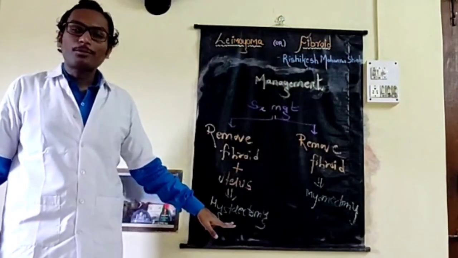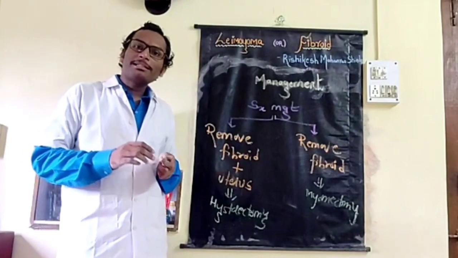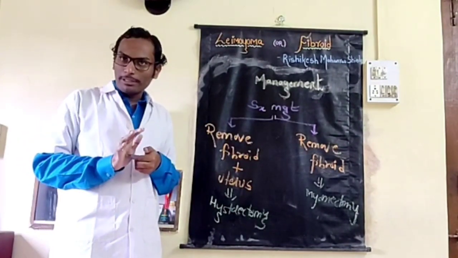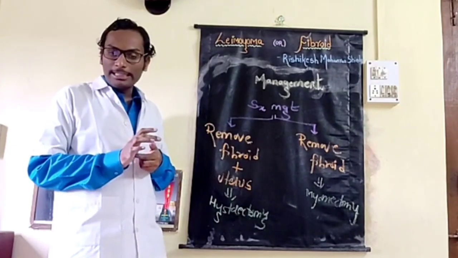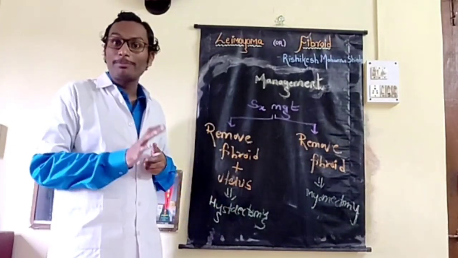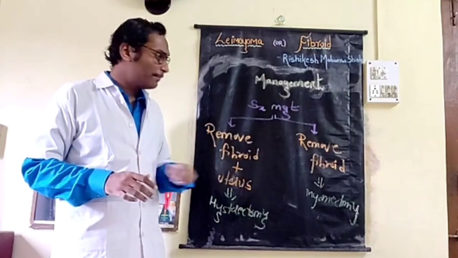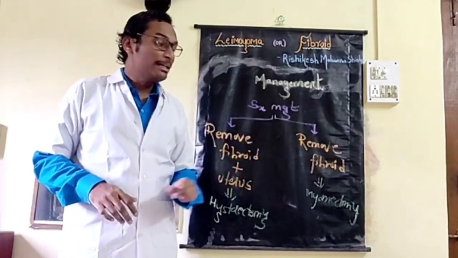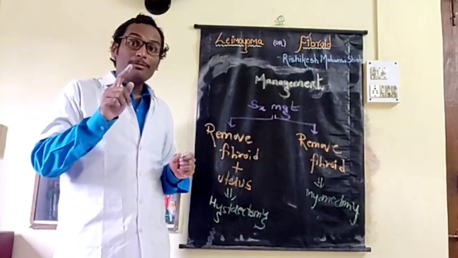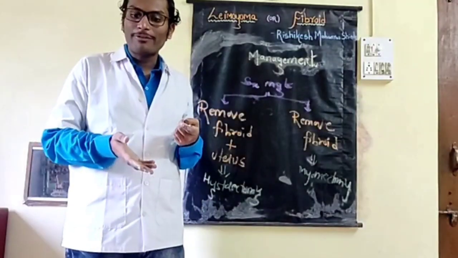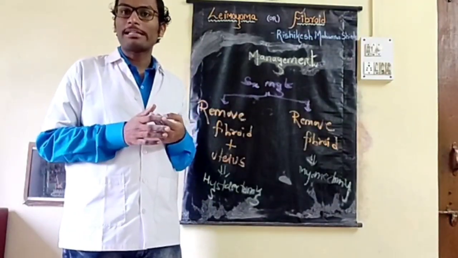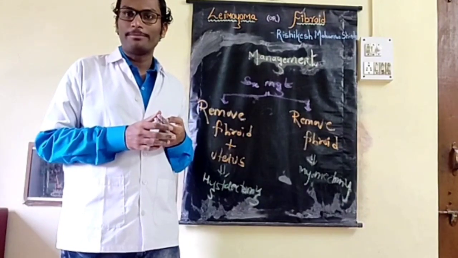What are the indications for hysterectomy? It is done when the female's age is more than 40 years, if the family is complete, or if the fibroid is associated with malignancy. The indications for myomectomy are when the patient's family is not complete, or there is recurrent abortion with the fibroid, or infertility associated with the fibroid.